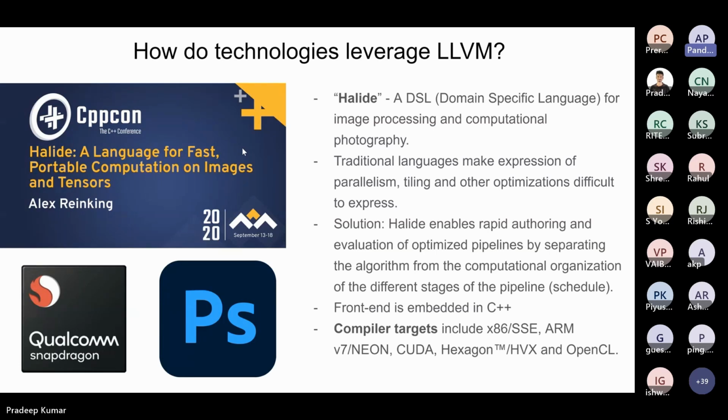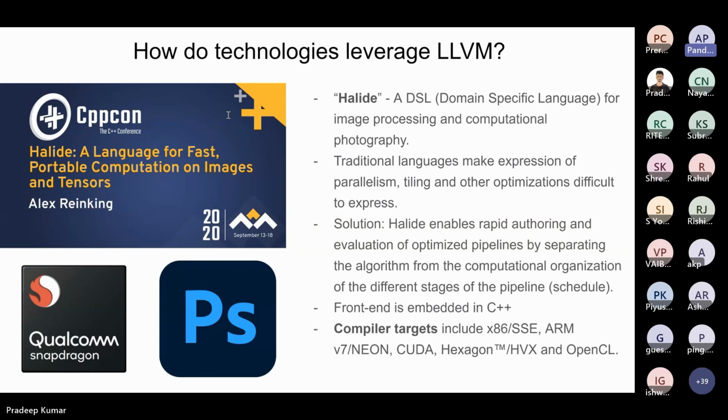A DSL is a domain-specific language. A domain-specific language can basically be thought of as software designed for one particular use case. Take an example of SQL. We have all used SQL, and SQL is very good for databases, and it's really designed for that one purpose. Similarly, Halide is a language that is really designed for computational photography and image processing.